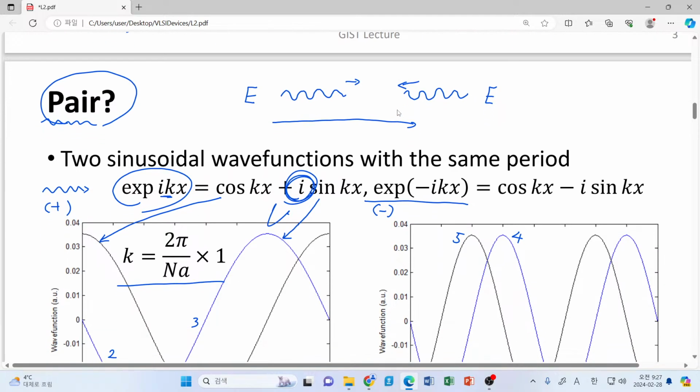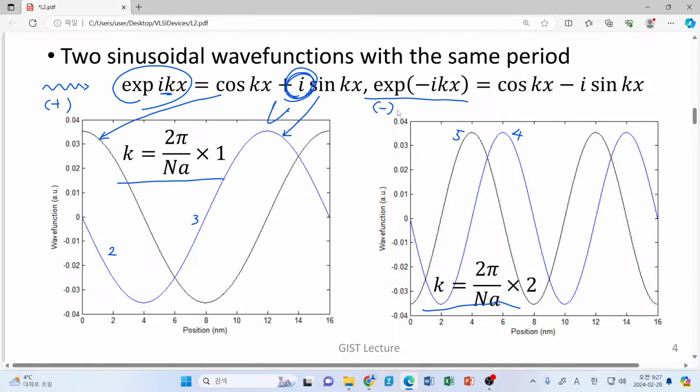When you go from the lowest positive k value to the second lowest k value available, you can find that the second one shows a steeper variation, a more frequent spatial variation.